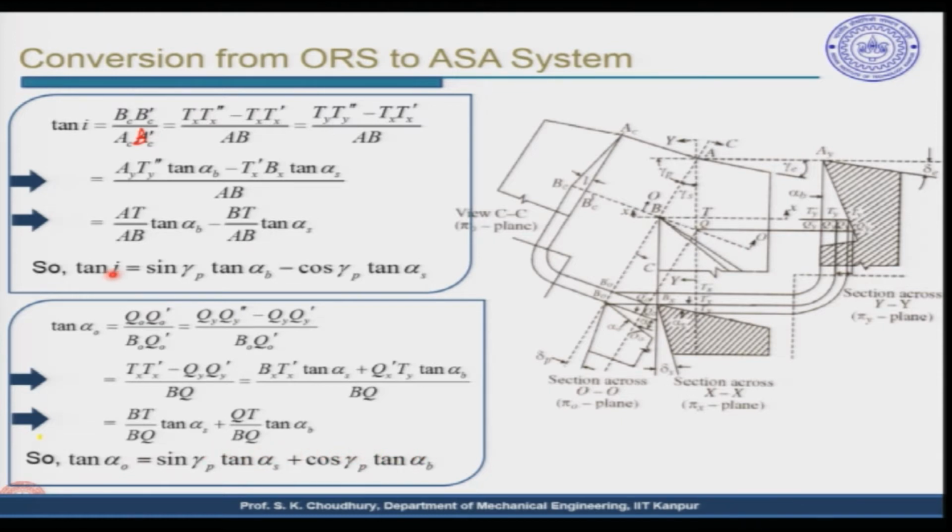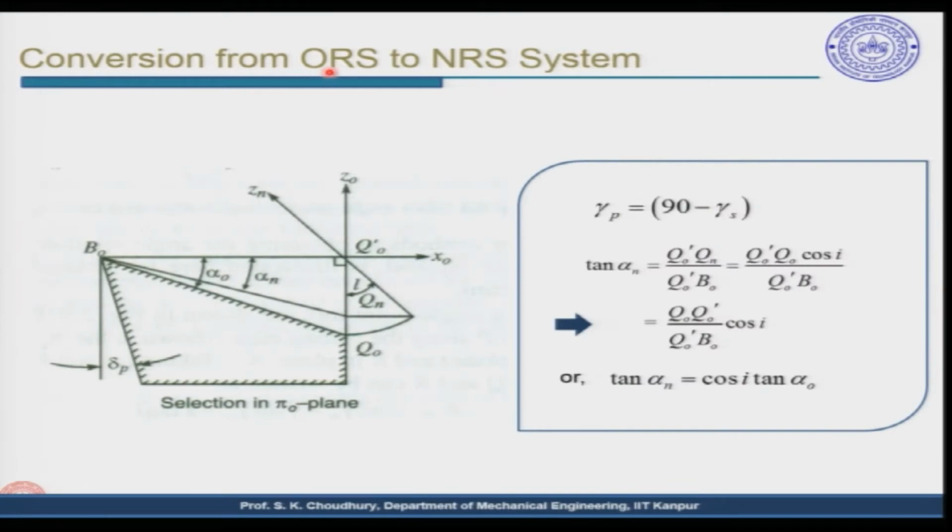Here is the tool inclination angle, and here is the orthogonal rake angle. Similarly, the ORS system can also be converted to the NRS system by projecting the axes from the ORS system to the NRS system. Here it is shown that the Z0, X0 system of axes has been projected to the normal rake system, inclined at an angle of I with respect to the Z0 axis of the orthogonal rake system.